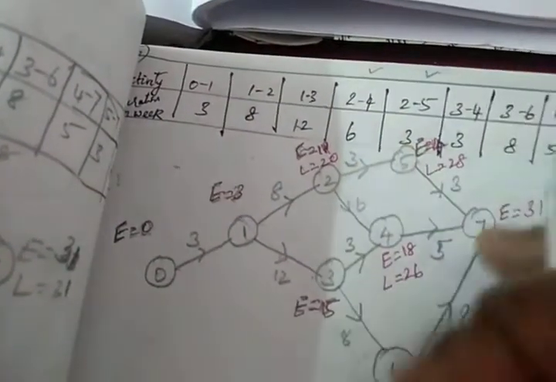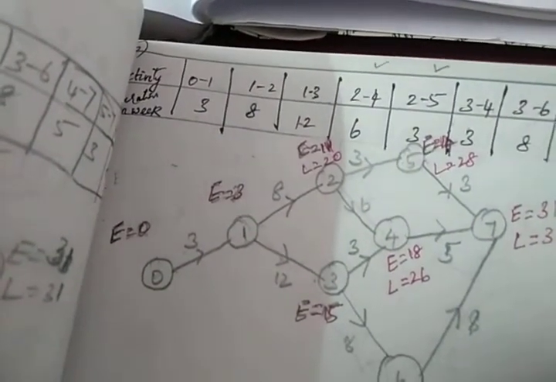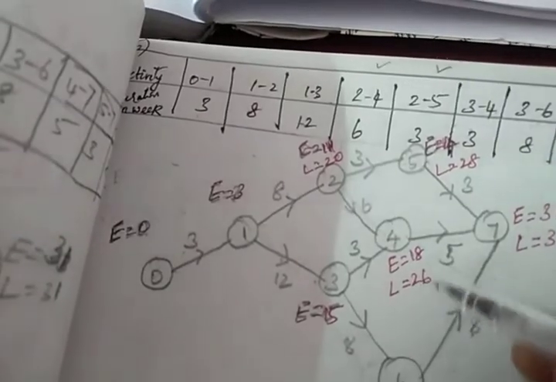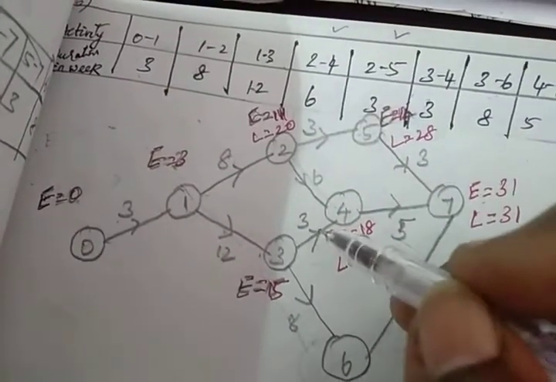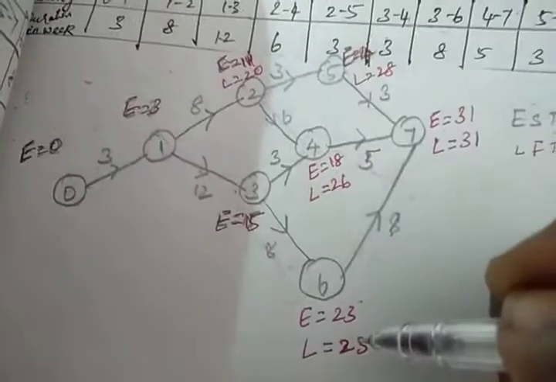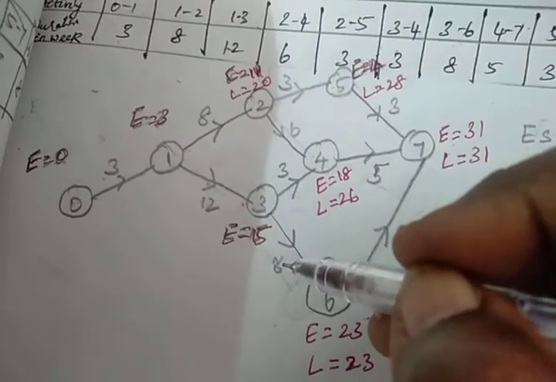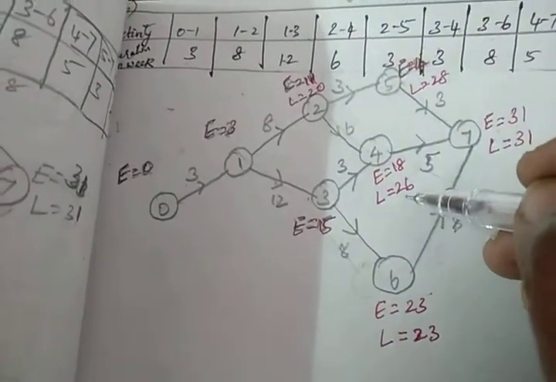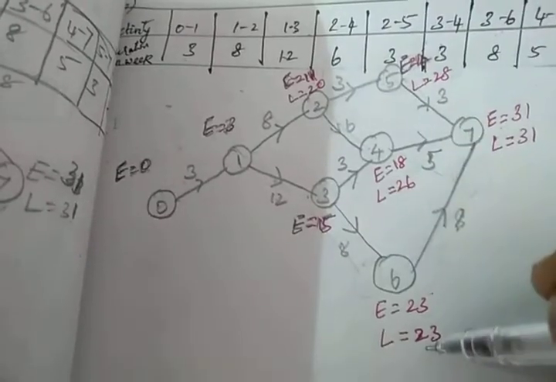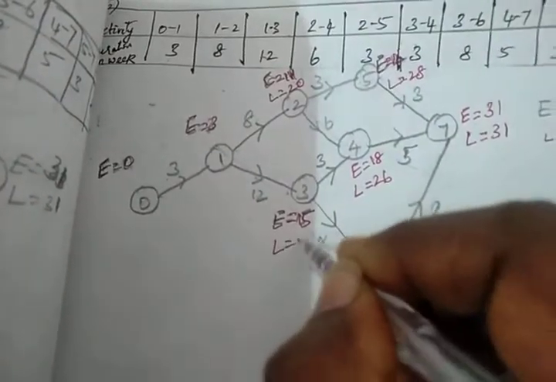Now for the third node, 2 activities are there. 26 minus 3, it is 23, and 23 minus 8, it is 15. So 15 is the smallest, so I'll write 15 here.